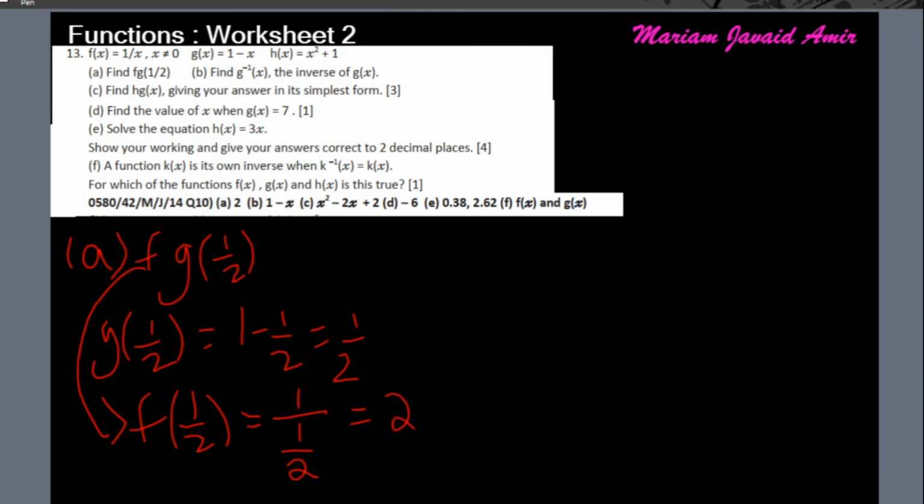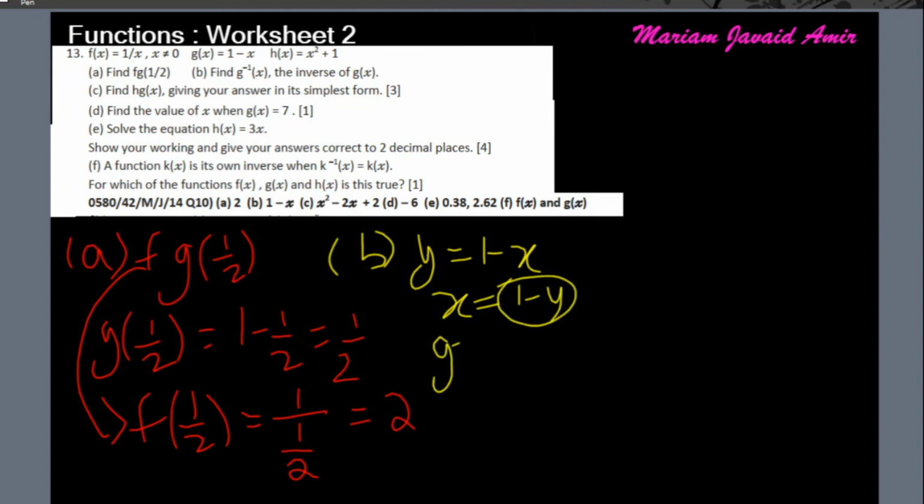Part B. Find g inverse of x. So for that, write y is equals to g(x). Make x the subject. This side is the answer, but replace y with x. Part C. Find h of g of x, giving your answer in simplified form.